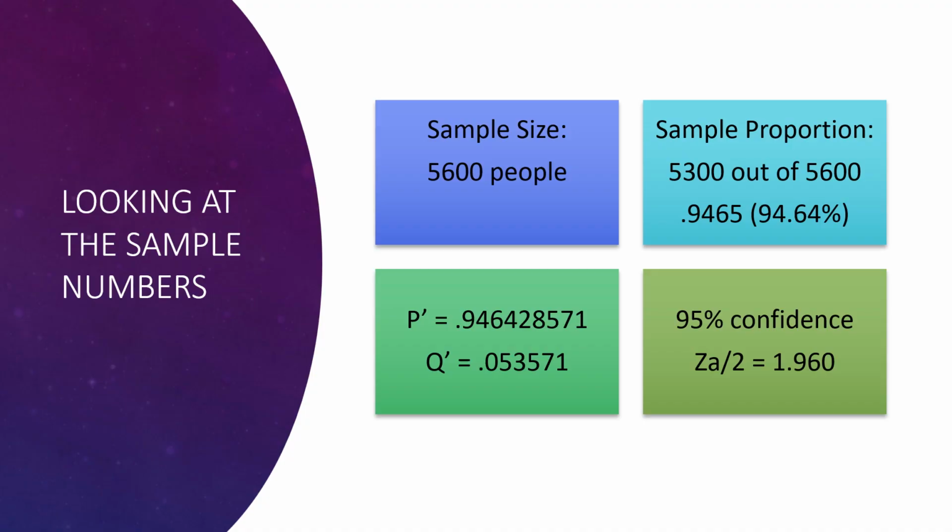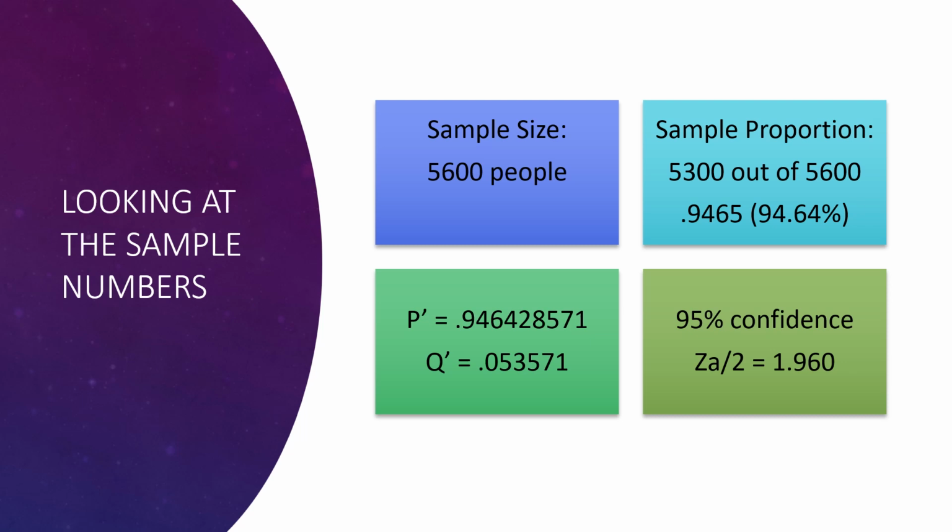Now, after collecting all of that data, we're going to do something with those numbers. The first thing is to look at the sample size, which is all the people who were voting on that poll. That number is 5,600 people. Now we're going to take it a step further and find our sample proportion, or P prime.